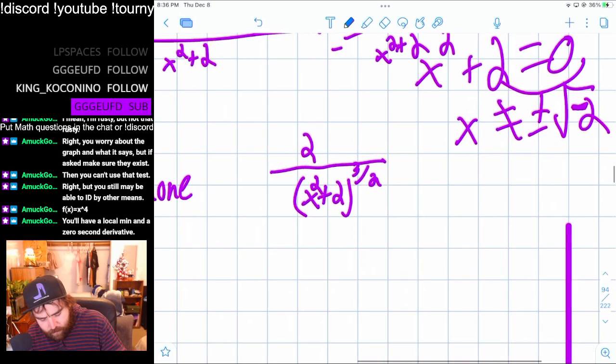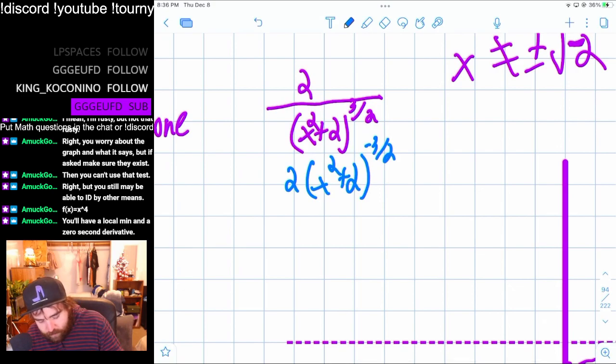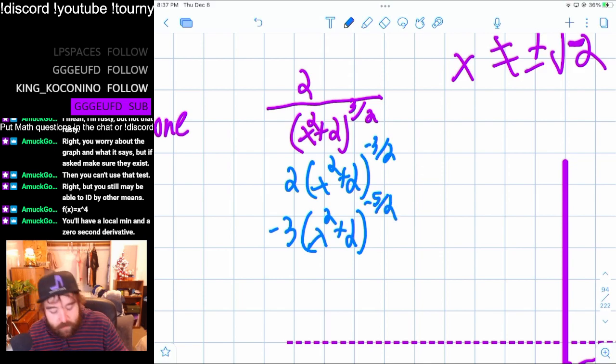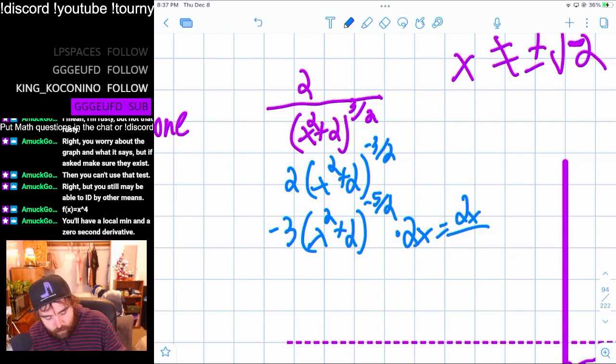So I'm going to rewrite that as 2 times (x squared plus 2) to the negative 3 halves. Power rule, so negative 3 times (x squared plus 2) to the negative 5 halves, times the derivative of the inside, 2x. So it's negative 6x over (x squared plus 2) to the 5 halves.